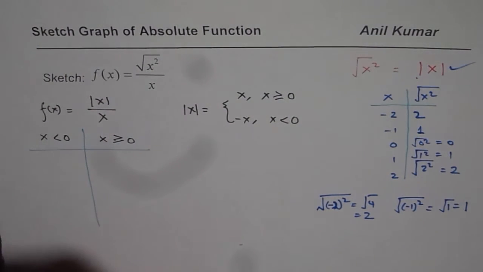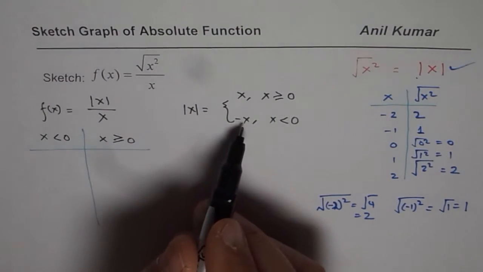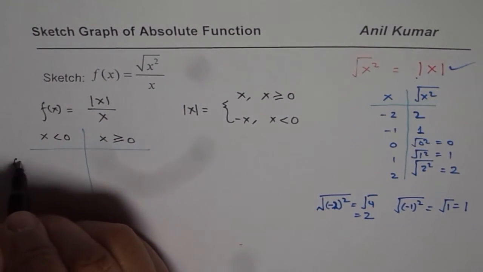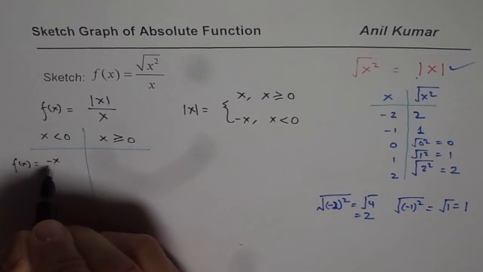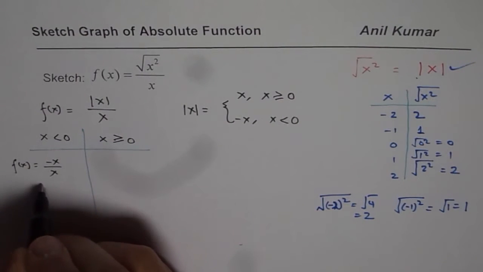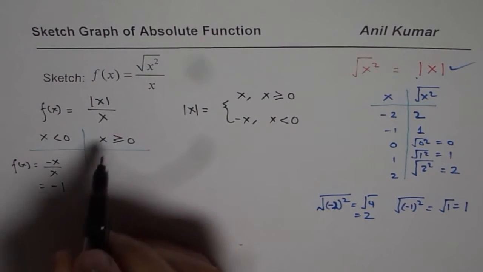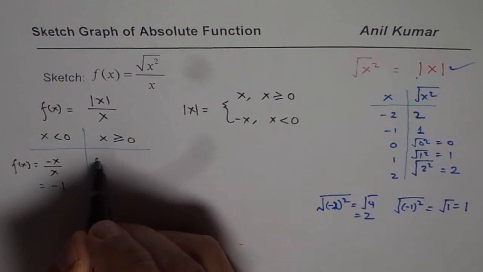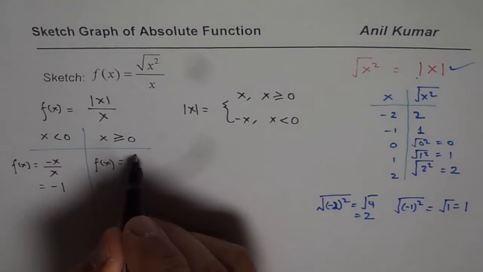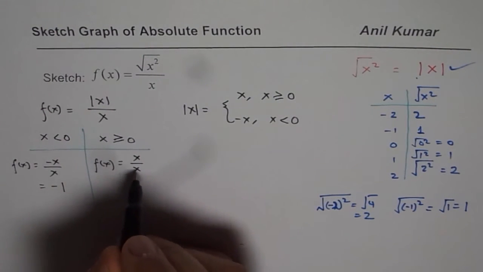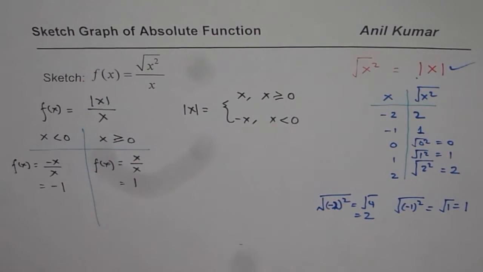If x is less than 0, then absolute value of x is minus x, so we write f of x as equal to minus x over x, which is equal to minus 1. When x is greater than or equal to 0, absolute value of x is plus x, so we have plus x over x, which is plus 1. And that gives us the graph.